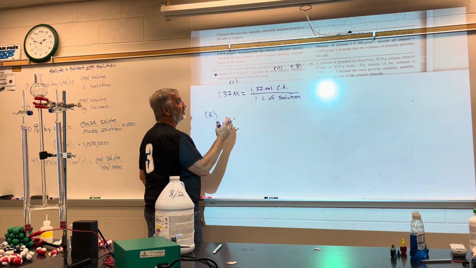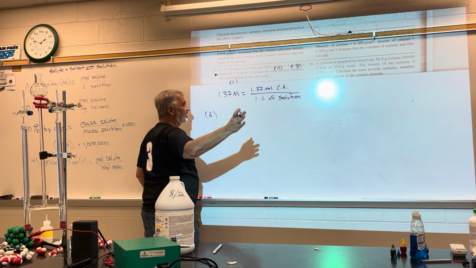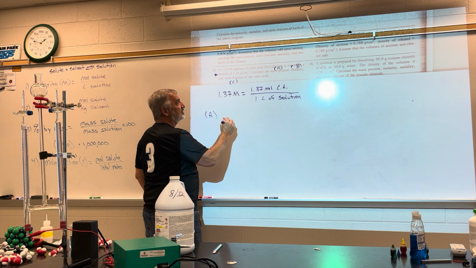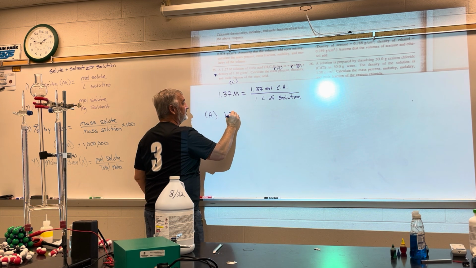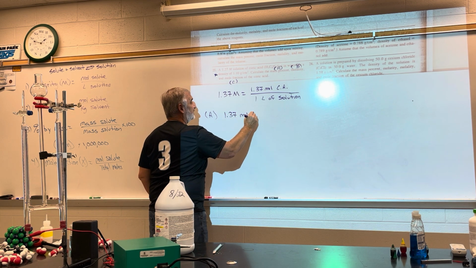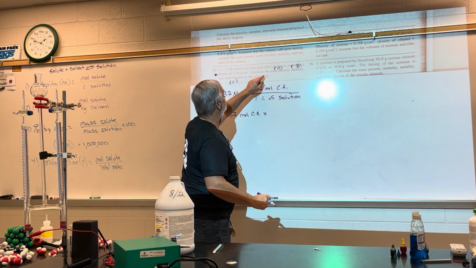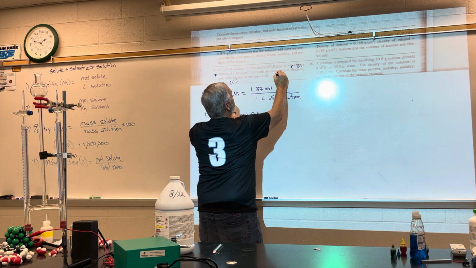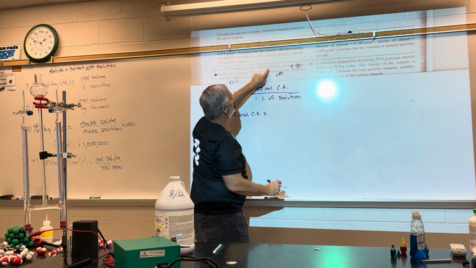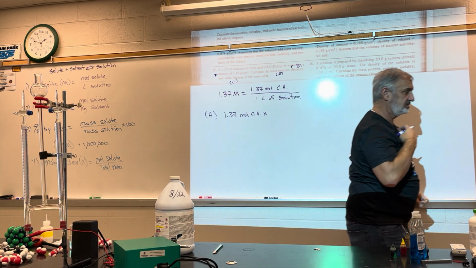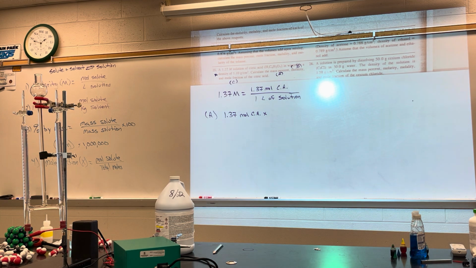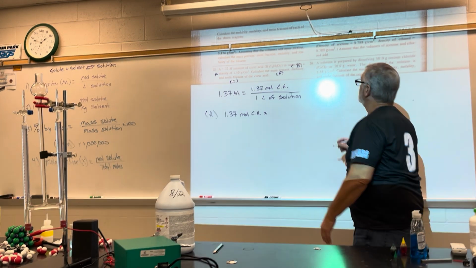This is the hardest part. Once you get this one thing, the rest it all just falls into place. So 1.37 moles of citric acid times the molar mass. Now the citric acid is given as H3C6H5O7.